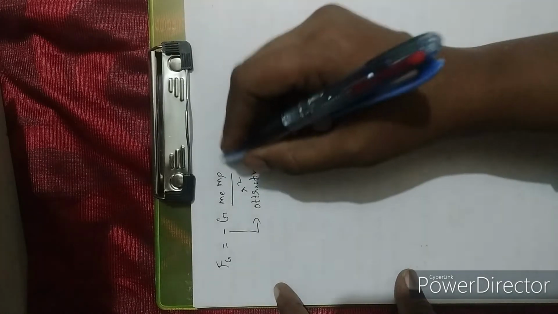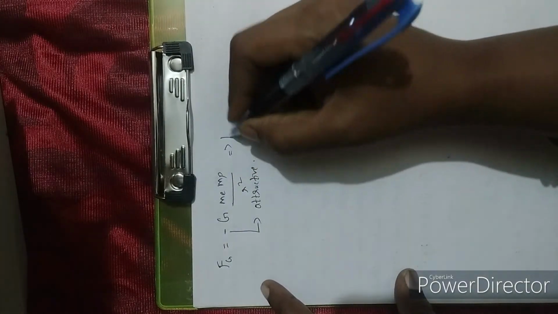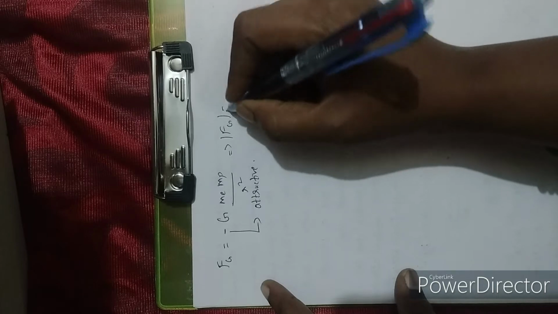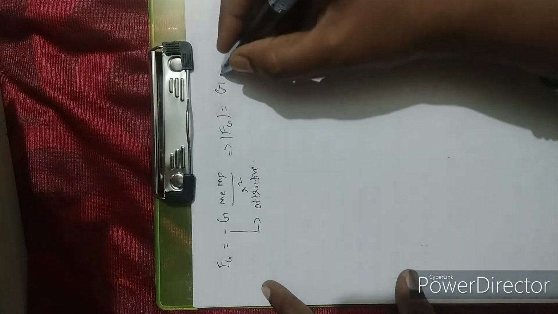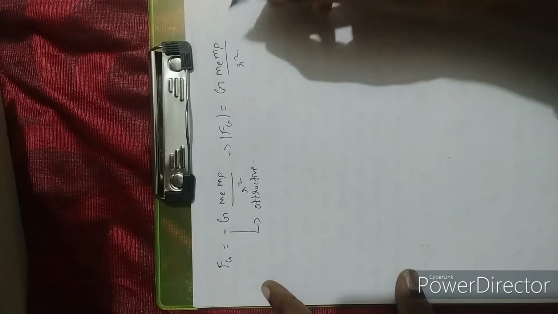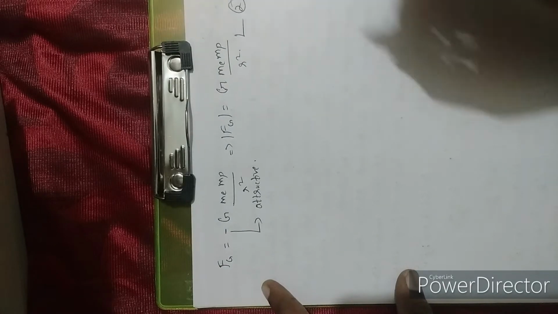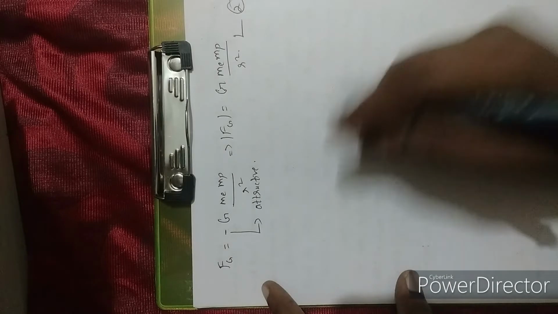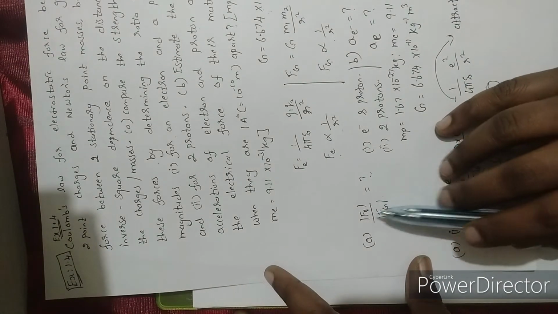Now I need only the magnitude of this Fg. So the magnitude of the gravitational force will be equal to G into mass of electron, mass of proton divided by r square. Let this be the second equation for me. Now what do we need, children? We need the ratio between Fe and Fg.